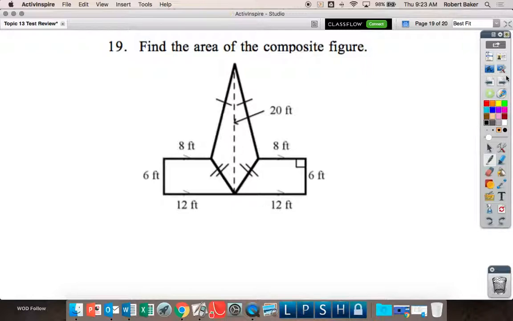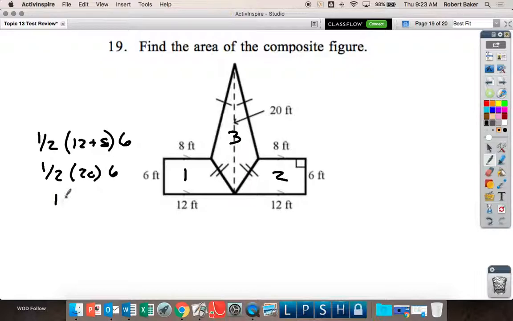So if you're going to find the area of 3 shapes, you'll find the area of this shape, and this shape. So if you find the area of this trapezoid, it's 1/2 base 1 plus base 2 times the height. So the area of this shape is 60, which means the area of this shape is 60.